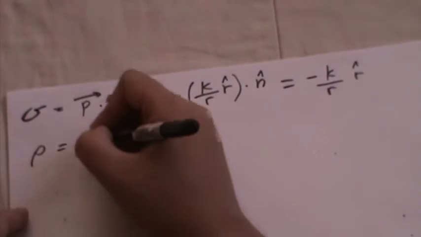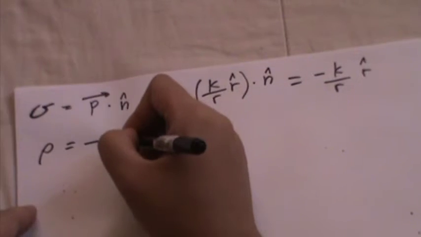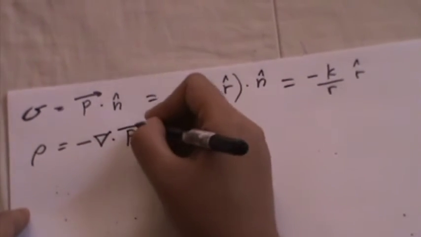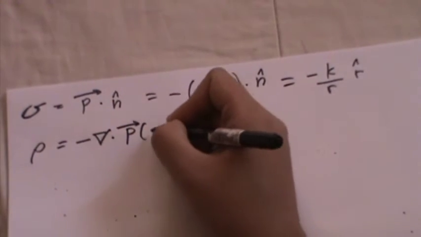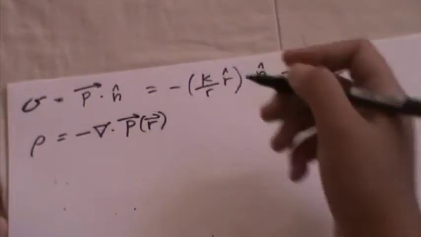Next, we use the bound volume charge density, which is rho equals negative del operator dot vector P, where P is k over r times r-hat.